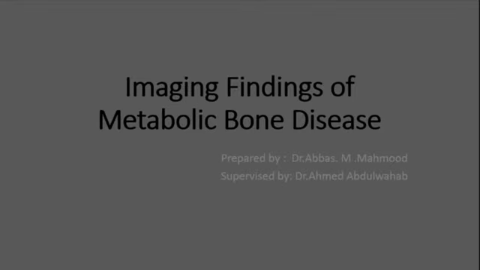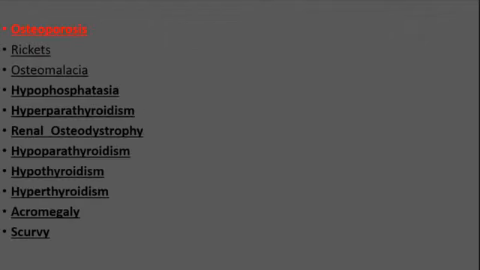Today, we will discuss the imaging findings of metabolic bone disease. These are the main topics today. We want to discuss them. I wrote all of them: osteoporosis, rickets, osteomalacia, hypophosphatasia, hyperparathyroidism, and so on. We will try to discuss them one by one.